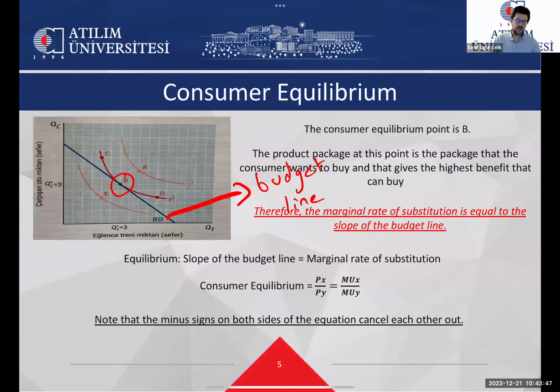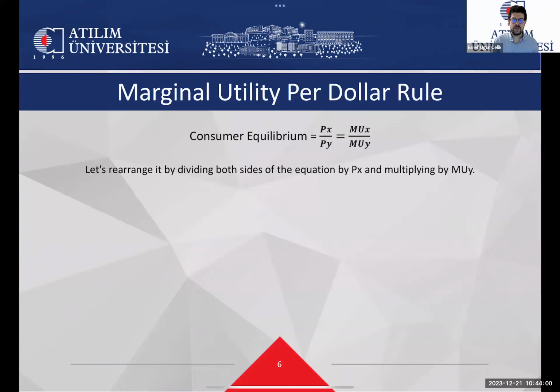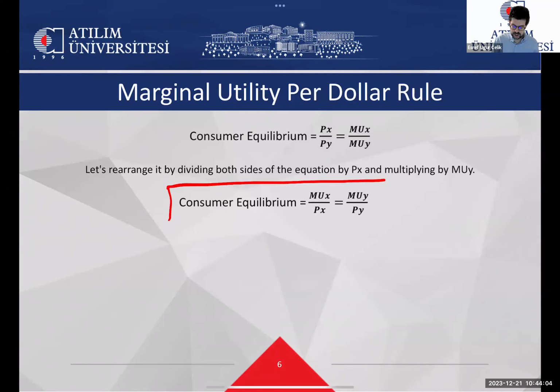And in the consumer equilibrium, the slope of the budget line and the marginal rate of substitution are equal. And by using some equations, the consumer equilibrium turns into that shape, okay?